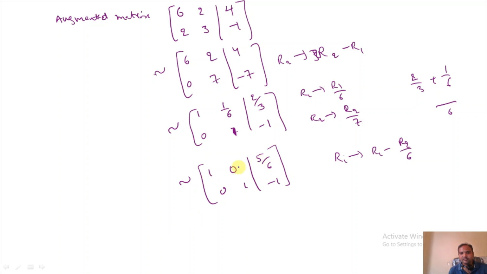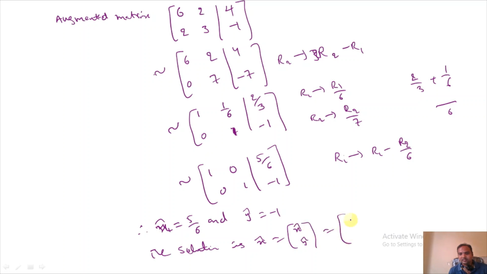Therefore, when you write the equation, x hat equals 5 by 6 and y hat equals minus 1. The solution is x hat, y hat, which is 5 by 6, minus 1.